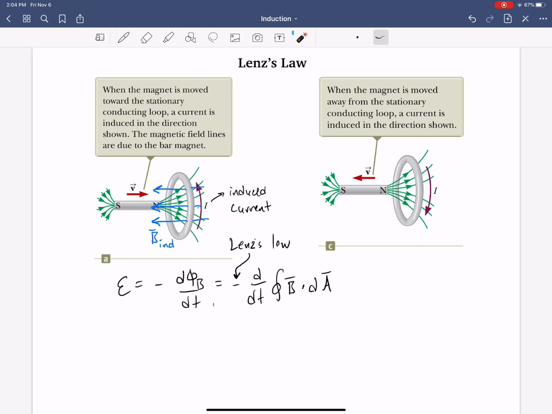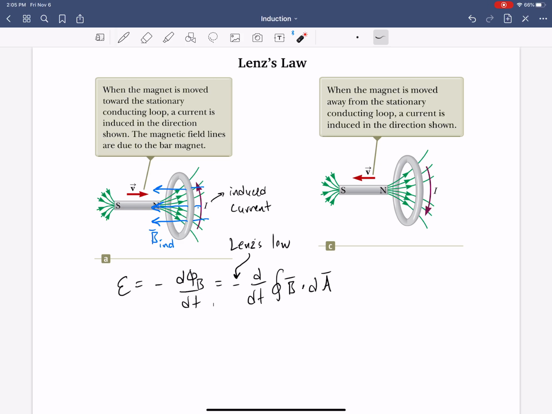Okay. On the right-hand side, the flux is decreasing. Right? The value of the magnetic field inside that cross-sectional area right there is getting smaller and smaller because the magnet's moving further and further away. And so, because of that change in flux, there's an induced current, again, I, right there, such that it orients itself to then resist that change.